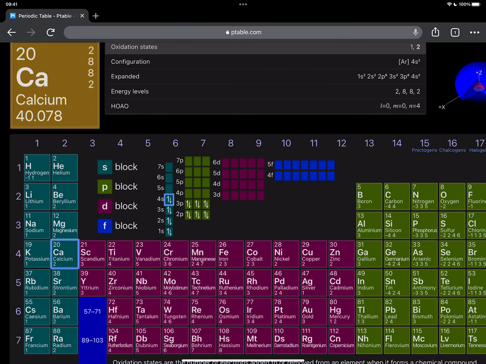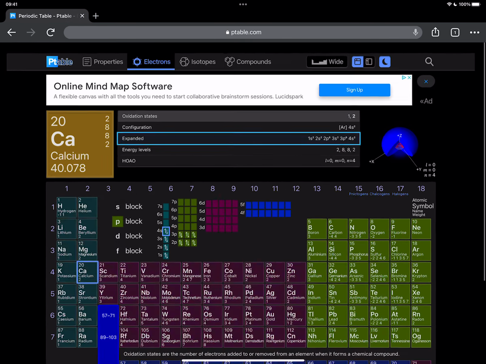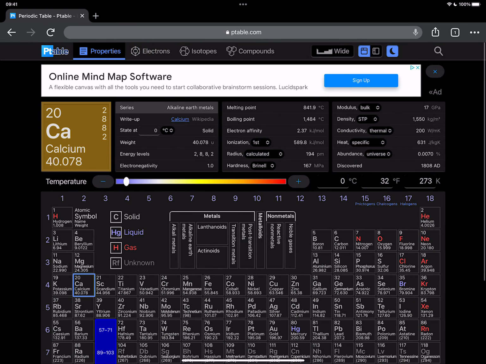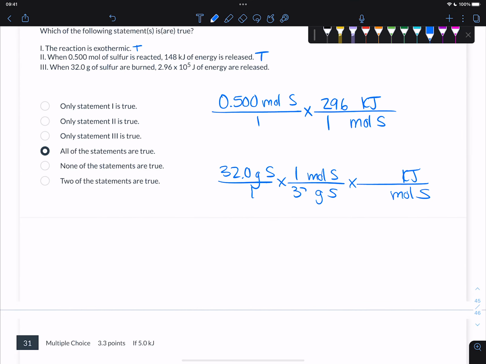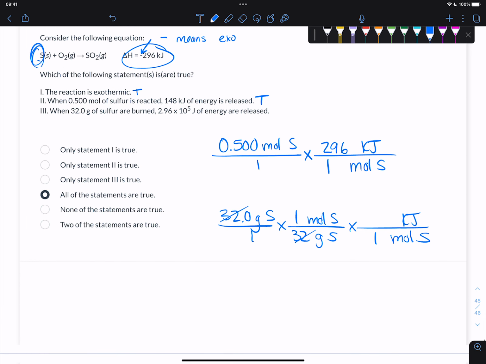Sulfur has a molar mass of 32, basically. So those basically cancel out. And then for every 1 mole of sulfur, you have 296 kilojoules. So let's do our math here.